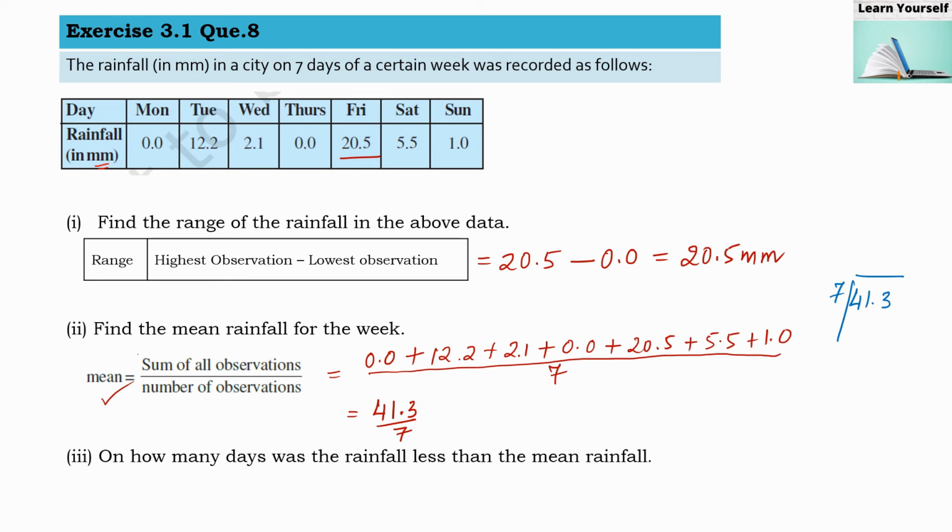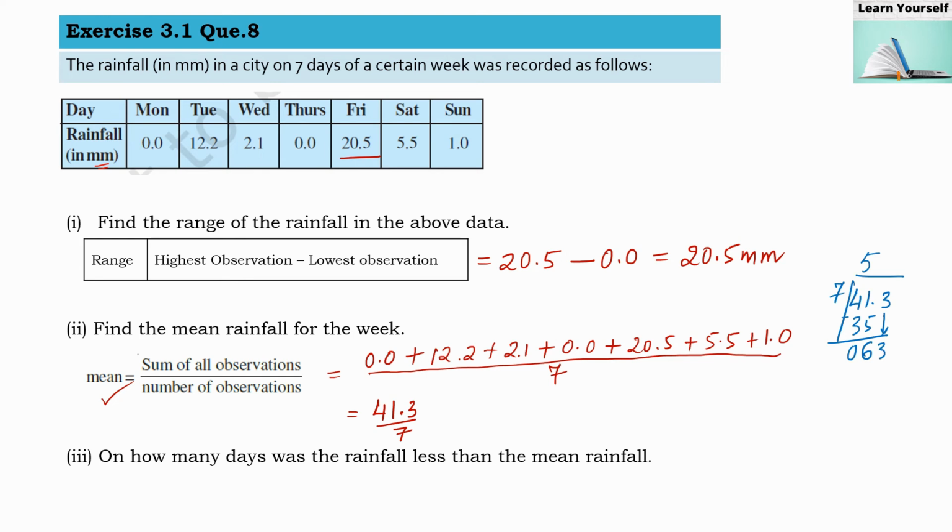7 6s are 42, so we cannot take that. 7 5s are 35. If I take 35 here, I will get 6 and then I take this 3 down. So it is 63.